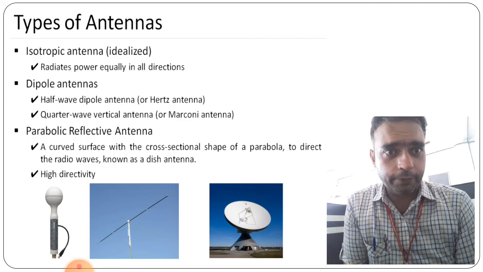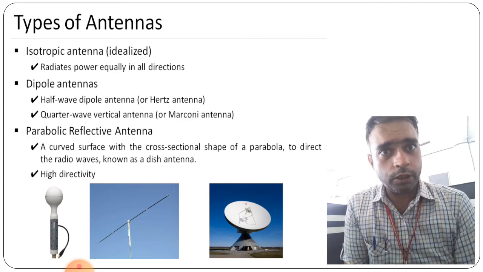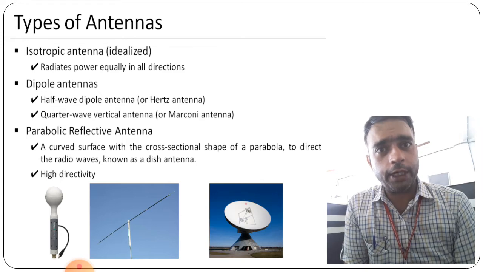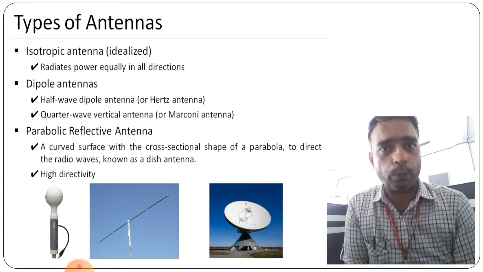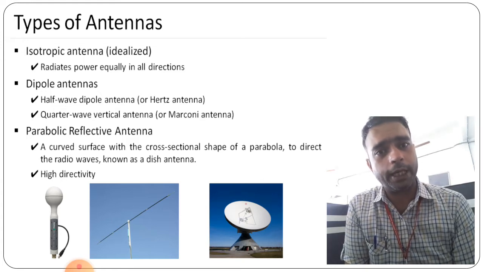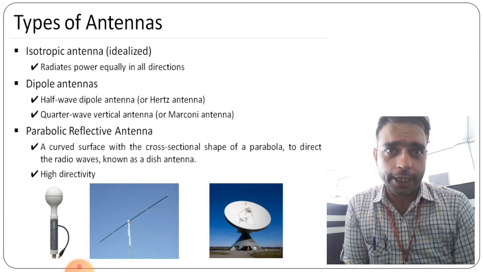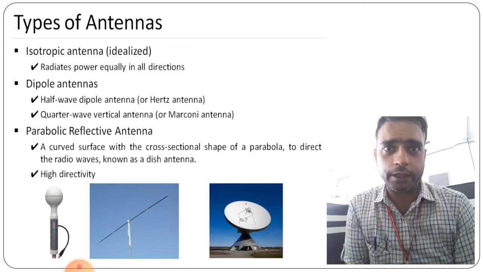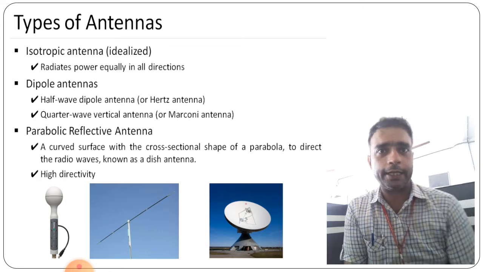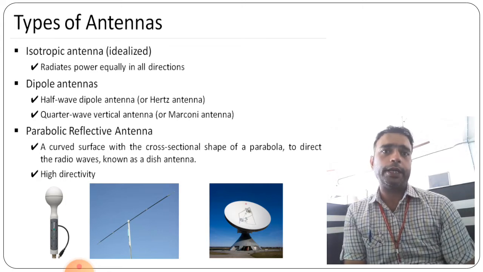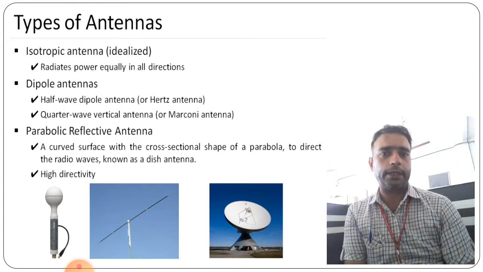So here the types of antenna are given. In total, three different types of antennas are there: isotropic, dipole, and parabolic. The isotropic is the idealized one, which radiates the power equally in all directions, we can say.